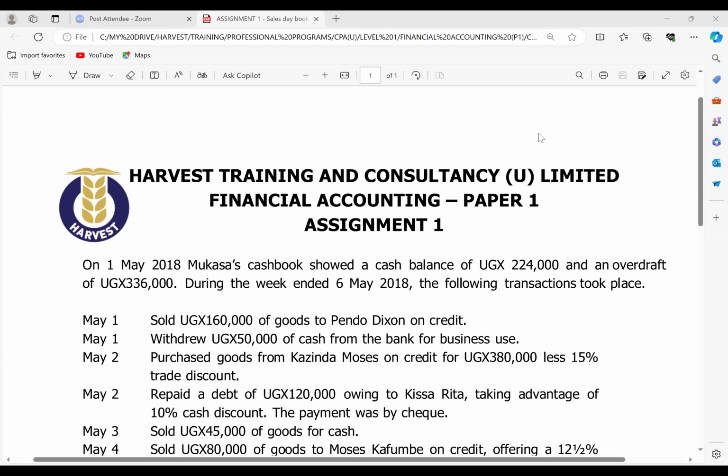This is my assignment number 1, sales day book, purchases day book, cash book, and the copy of the notes. But the last time I'm sharing the copy of the notes because the notes have been uploaded on your student account and you should comfortably download the notes. Okay, I think we are good to go.